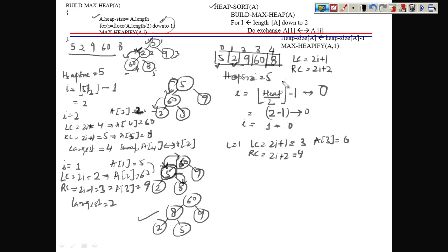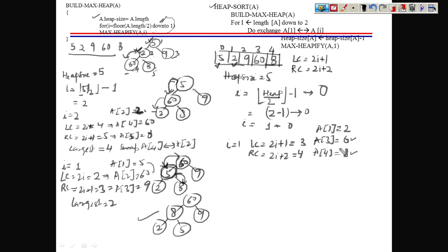A of 4 is 8, and your parent a of i is a of 1, which is 2. So you will see here for this node, the left child is this, and the right child is this.